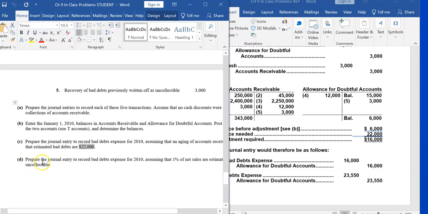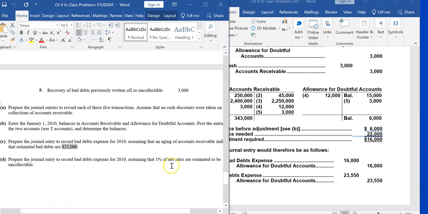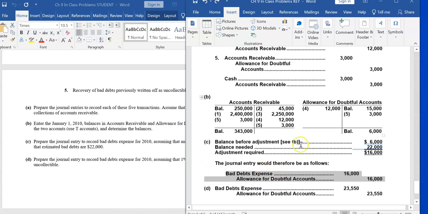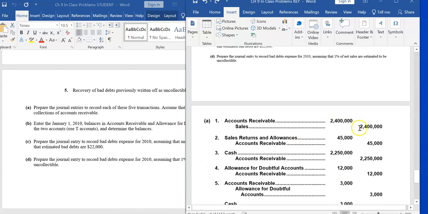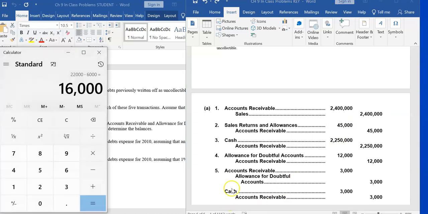Finally, in D, prepare the journal entry to record bad debt expense, assuming that 1% of net sales are estimated to be uncollectible. All right, let's go back up here and see. Net sales, it appears, was $2.4 million minus the sales returns and allowances.